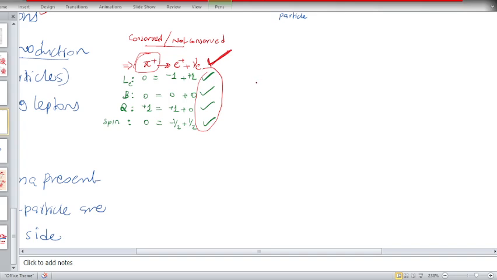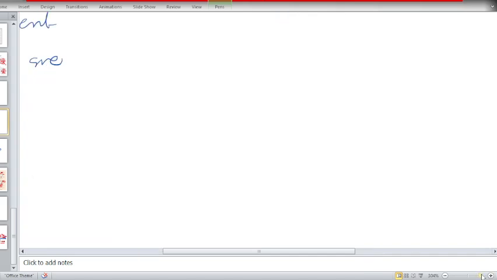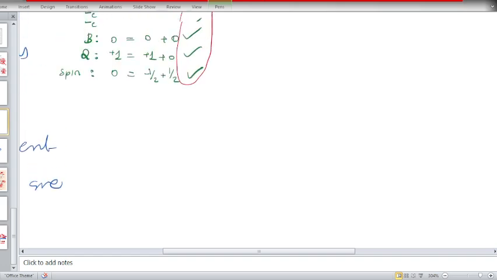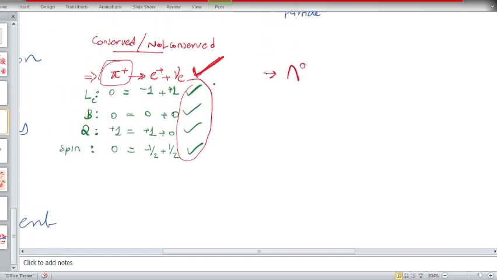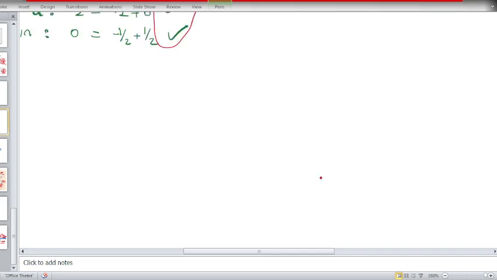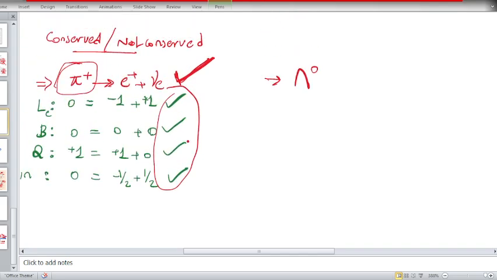Lambda zero. I will just zoom it a little bit. Okay, so lambda zero. You can also check parity, whether in this case also parity is considered.